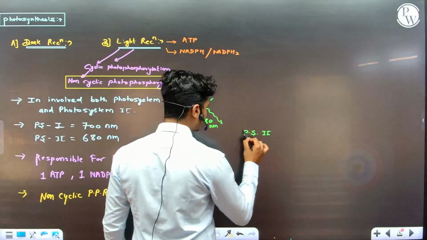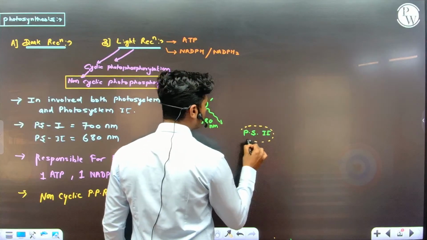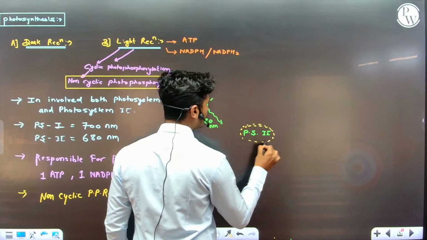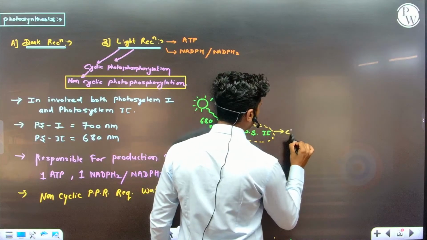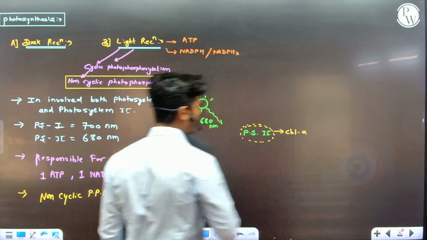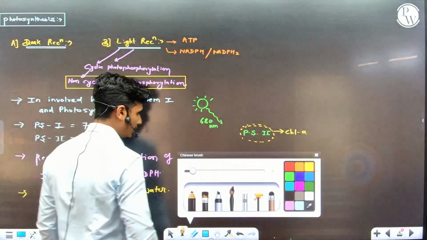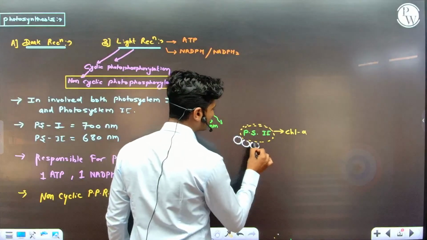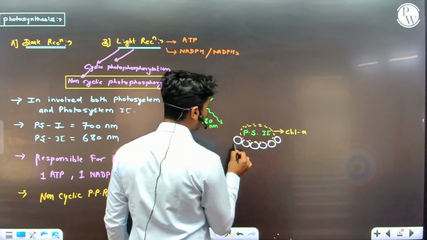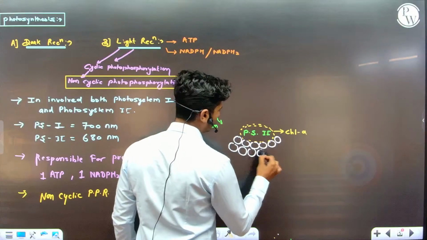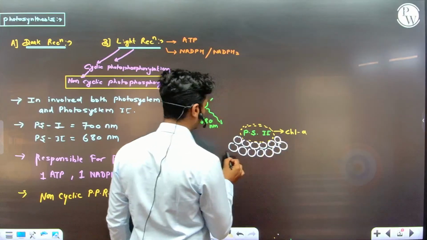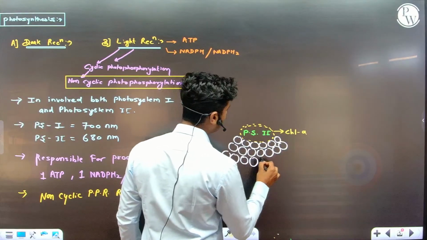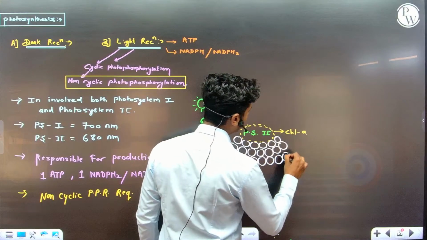Now, consider this as a reaction center. For PS2, the reaction center molecule is chlorophyll A. Now, other molecules are also present here. Those are the accessory pigments like chlorophyll B, chlorophyll C, chlorophyll D, bacteriochlorophyll, bacterioviridin.